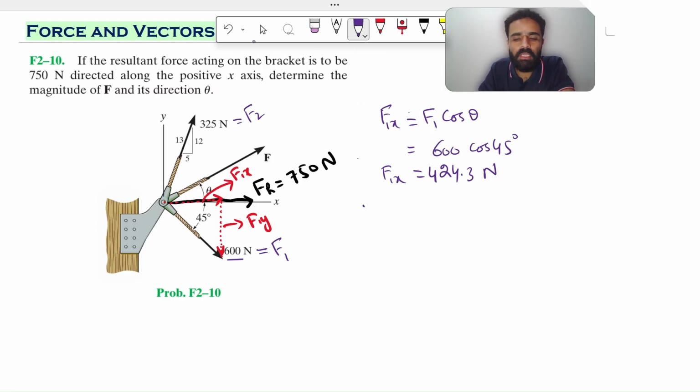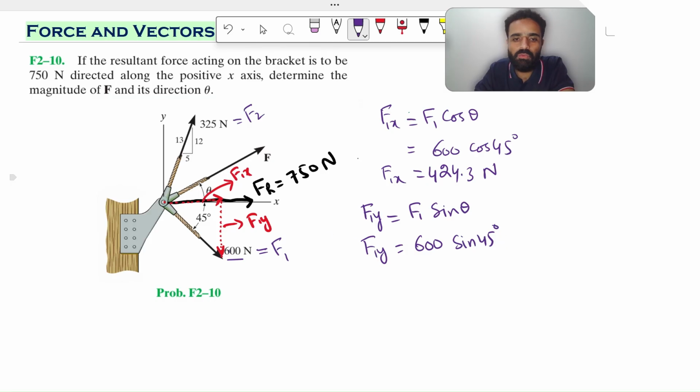Now I'll be finding the value of F1y, which will be equal to F1 times sine theta. Why sine theta? Because I am taking this side as the perpendicular, and sine theta is perpendicular over hypotenuse. So putting in the F1 force value of 600 and theta value of 45.